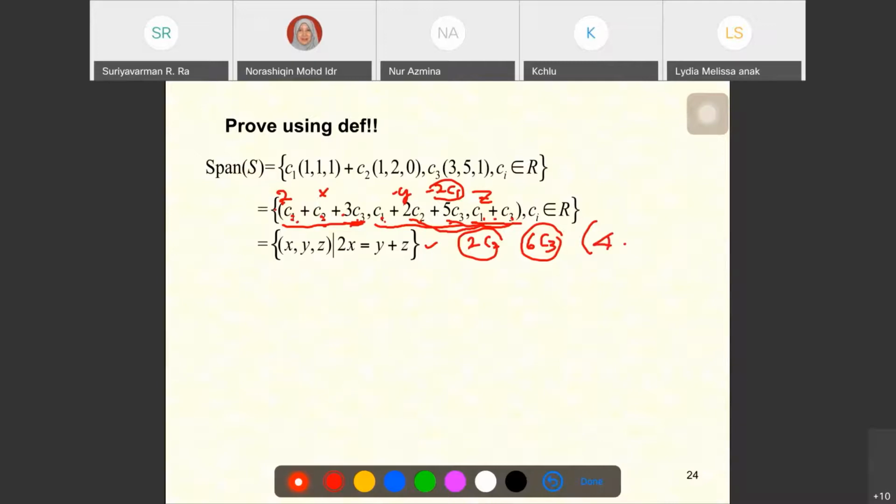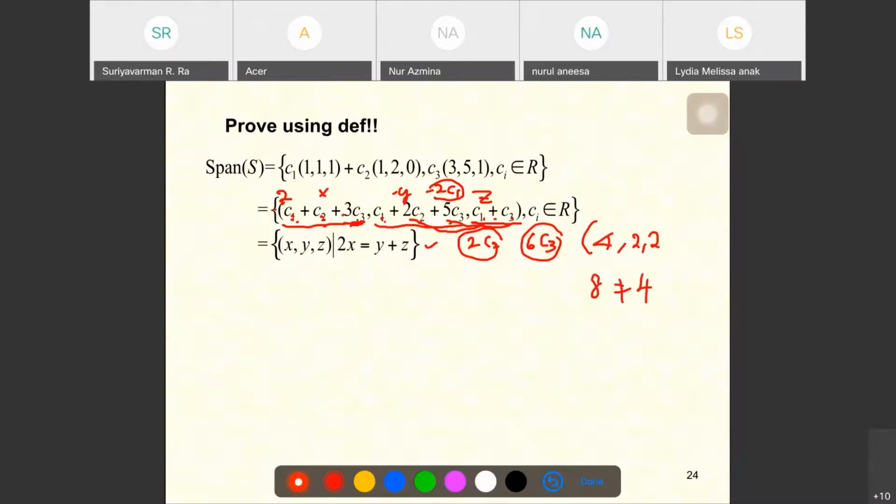Coordinate Y and Z. Madam, 2, 2. If 2, 2, right? It's 2X, 2X is 8. 8, 2 plus 2, not the same. 1, 1, doctor. 4, 1, 1.